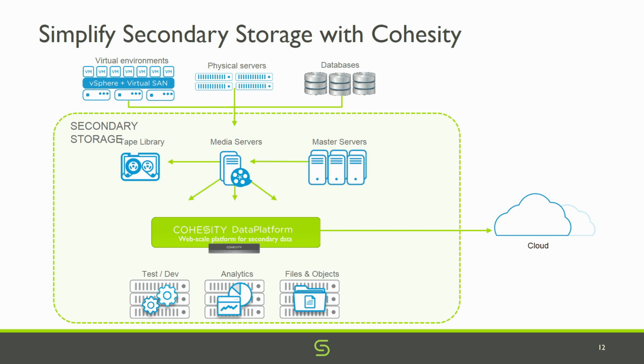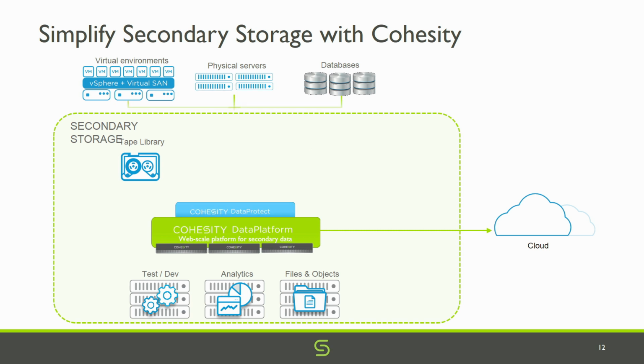We can replace that with a scale-out solution with global deduplication, higher performance, typically about half the cost. So you can bring this in just as target storage for your backups. And then we integrate natively with the public cloud. So at the same time, we eliminate the cloud gateway, and we can support tapes, so we can potentially simplify that piece as well.